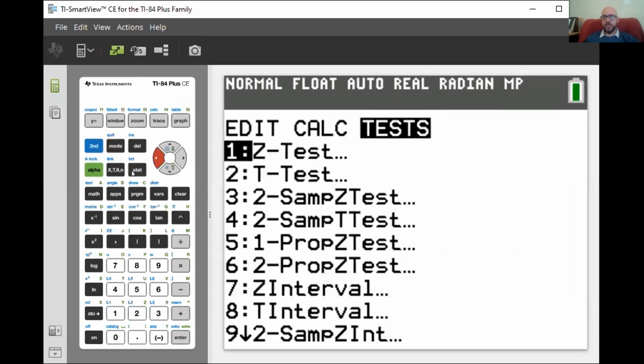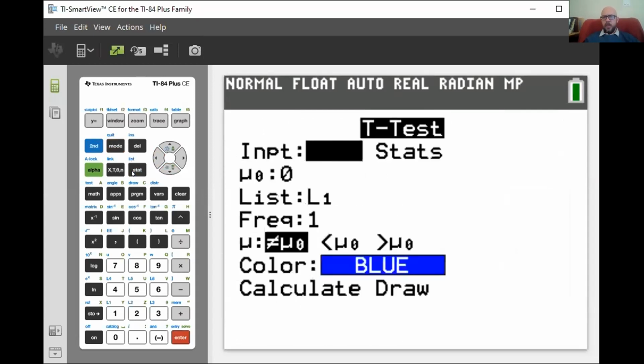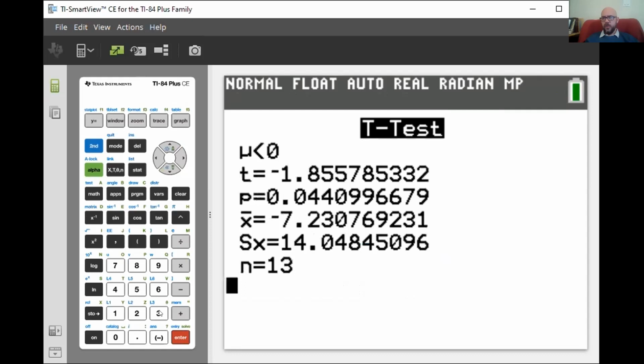So stat, test, t-test, and I actually have raw data here. I don't just have summary statistics. I have all the weight losses in the calculator, so I can just use data. The mu 0, the mu in the null hypothesis, is 0. The list is L3. Frequency list, ignore that, just leave it as 1. And I am checking to see if it was less than, so the alternative hypothesis. So there we go.